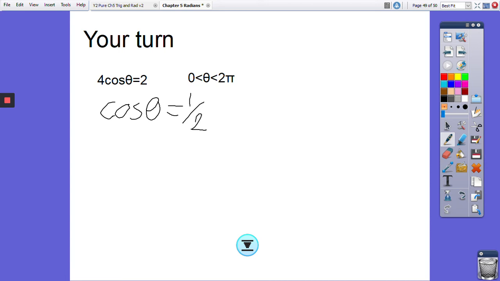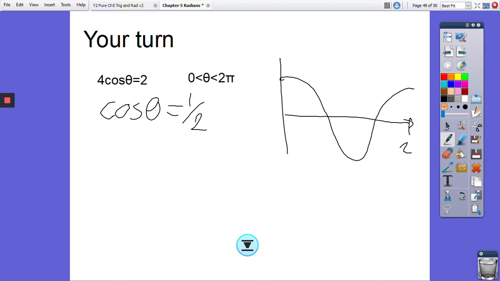Then we're going to sketch out the graph of cos theta. There's my cos graph between 0 and 2 pi. Then we're looking at a half here, and we'll look at that value and this value here.